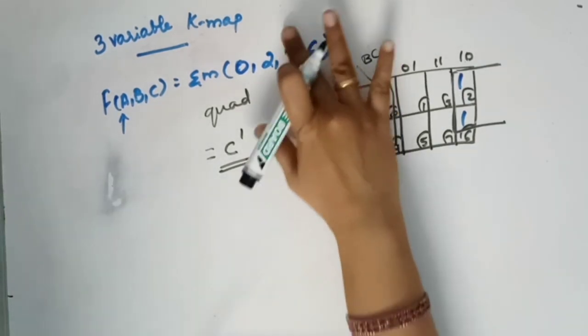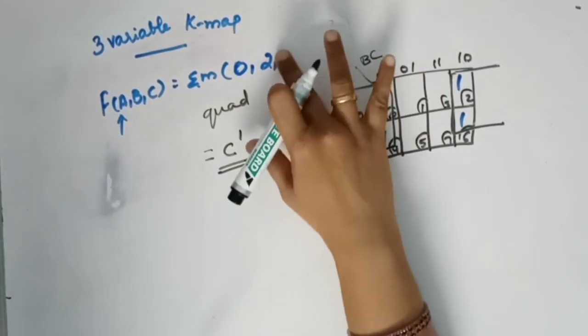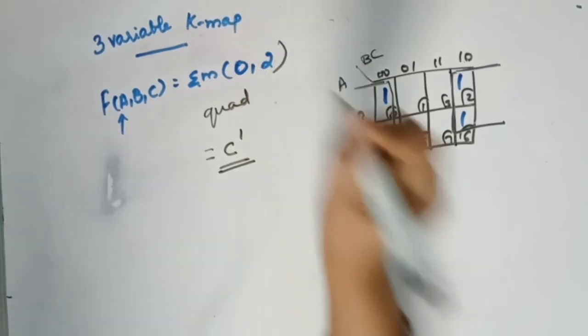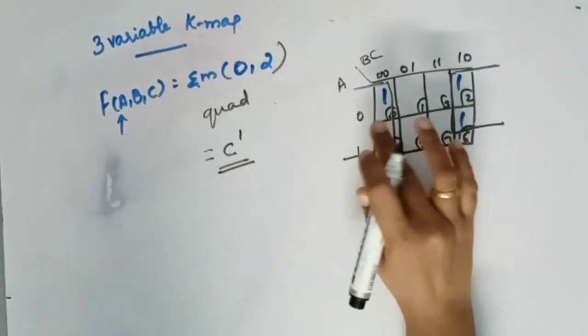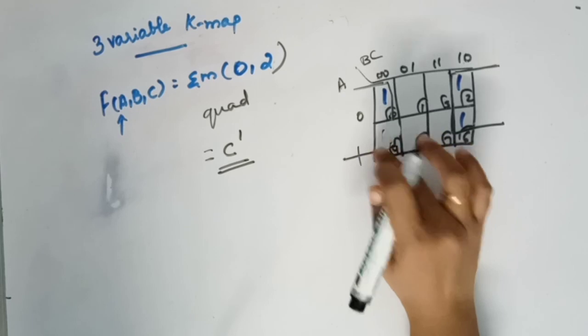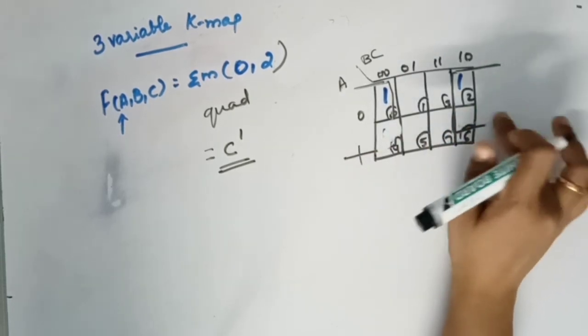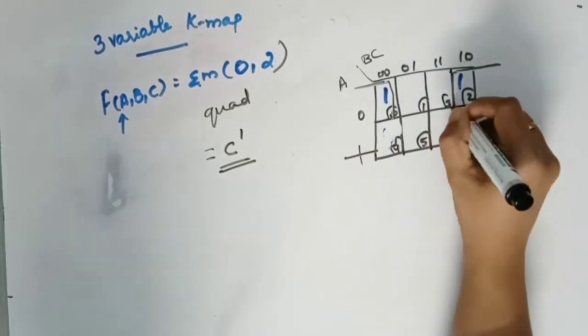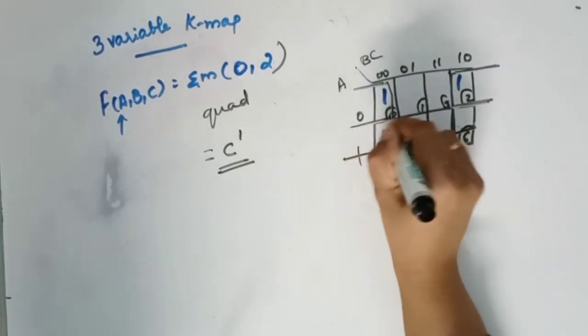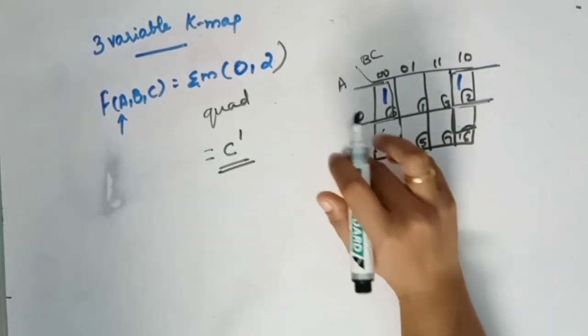Yes, if suppose you had only 0, 2. 0, 2 means here you don't have, here you don't have. So you can fold it like this. You can fold it like this.